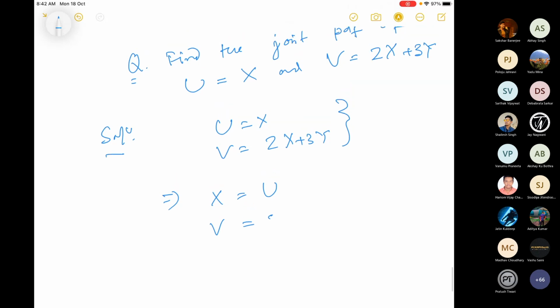2 times x, so 2 times u, plus 3 times y. Can anybody tell me what will be this one? You'll find y here: v minus 2u by 3.